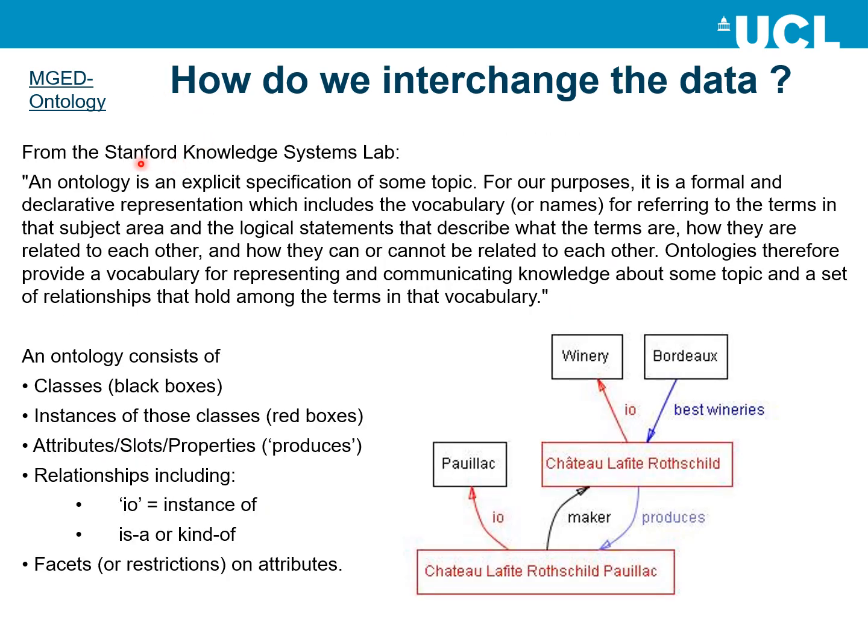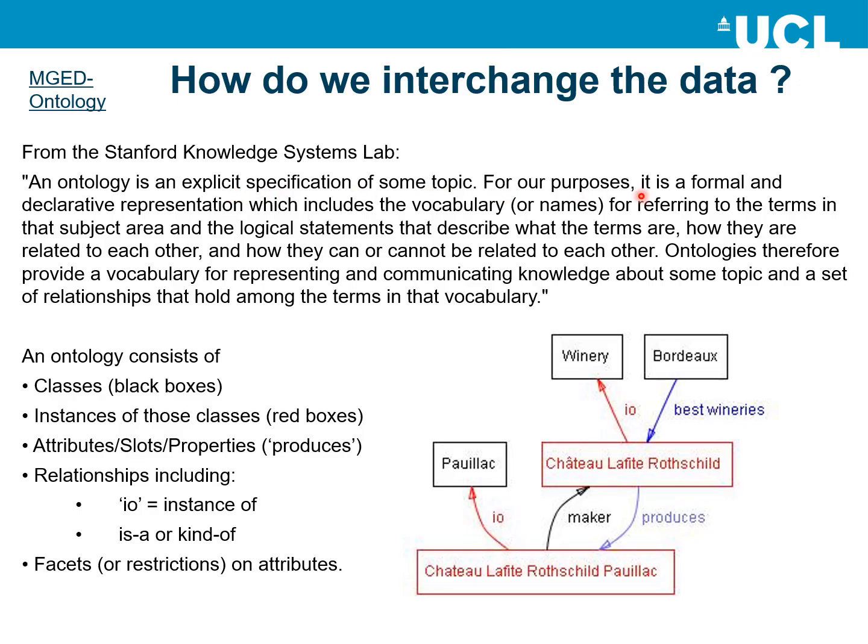The Stanford Knowledge Systems Lab was one of the first labs that were looking at ontologies and representing knowledge with them. So they came up with this: an ontology is an explicit specification of some topic.